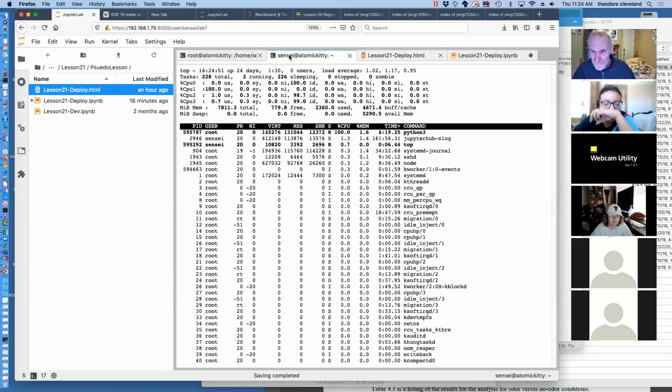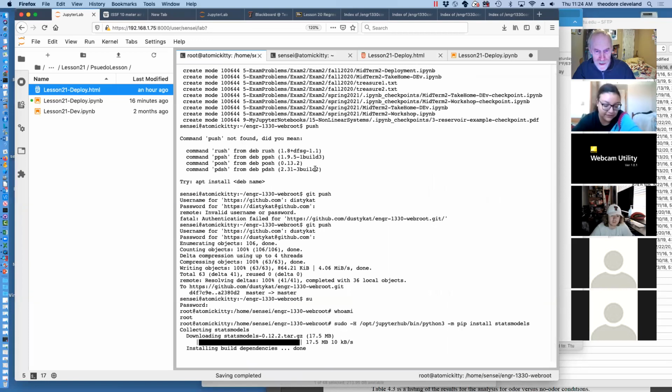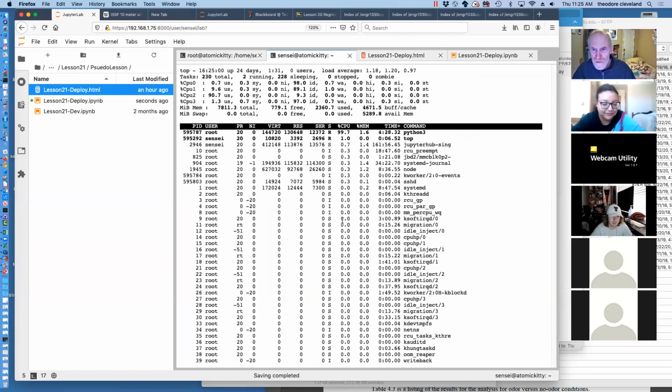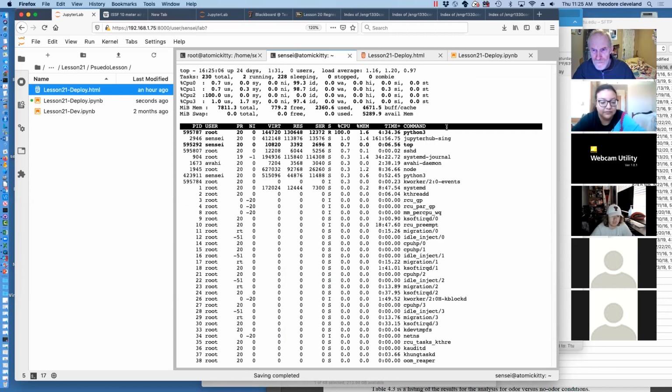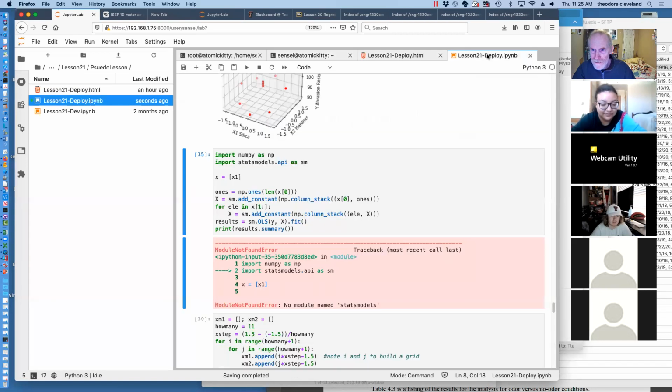Well, until I can regain control of my computer, running as root. My JupyterHub is singing.